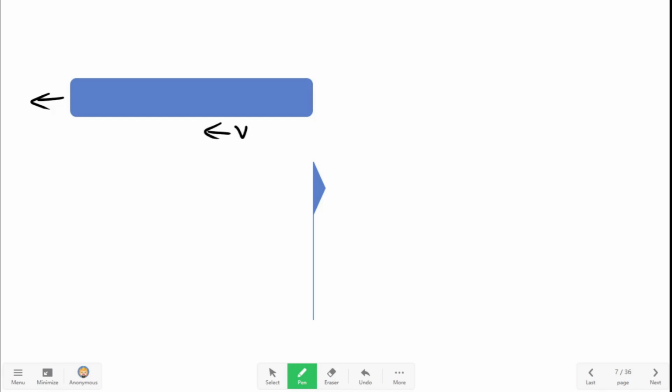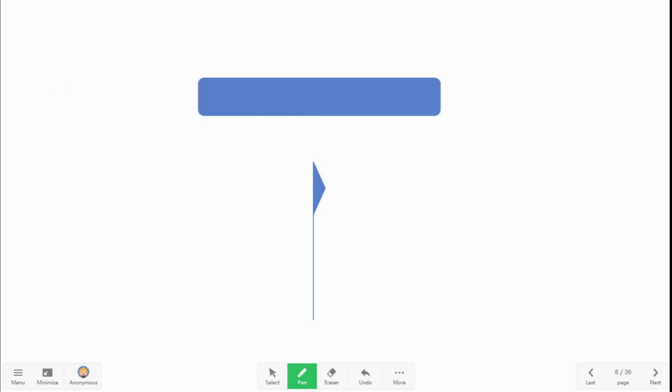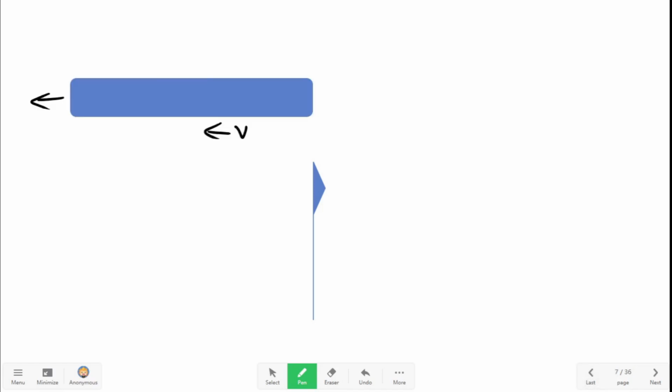So the velocity of the train when its back end is passing is v. Now we are asked to find the velocity of the train when the midpoint of the train is passing the pole. So to solve this question, we can make use of constant acceleration formula.